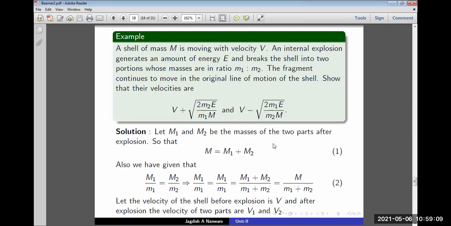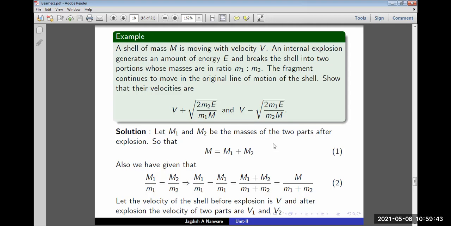A shell of mass M is moving with velocity v. An internal explosion generates an amount of energy E and breaks the shell into two portions whose masses are in the ratio m1:m2. The fragments continue to move in the original line of motion of the shell. The process is going on, there is no stop.